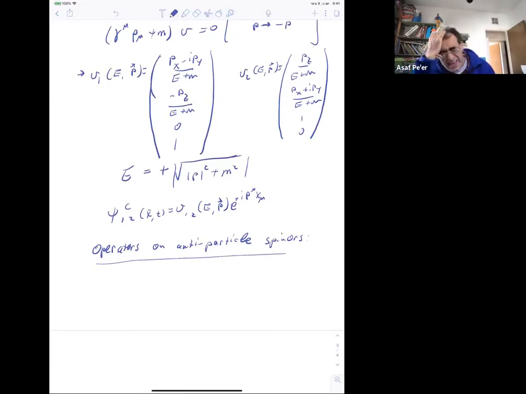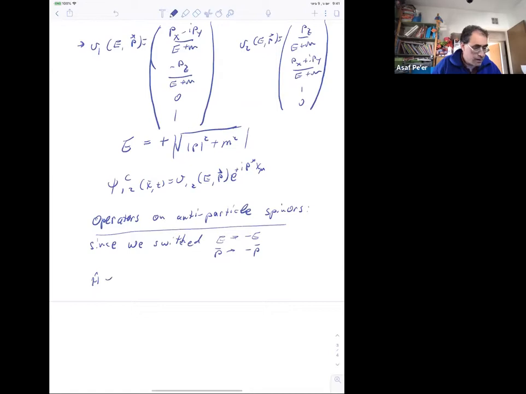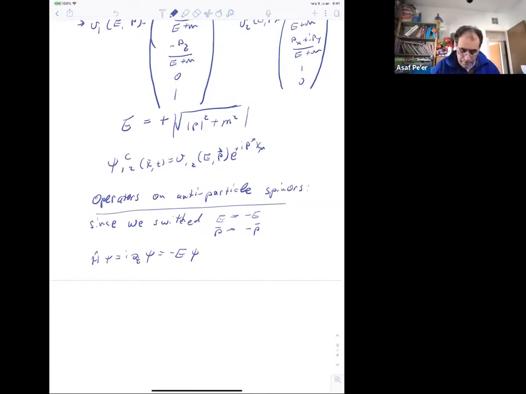So if we act with the normal quantum mechanics operators of the energy and momentum, we do not get the physical quantities, because basically we switch now from E and P to minus E and minus P. If we try H ψ = i ∂t ψ, we get minus E ψ. Similarly, P ψ will be minus P ψ. So we don't want that.